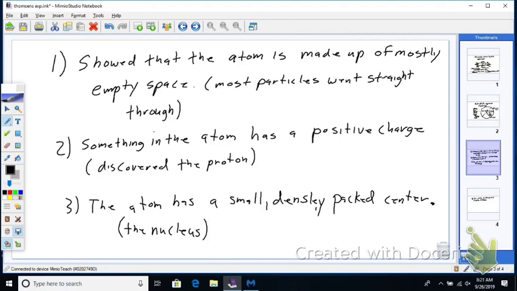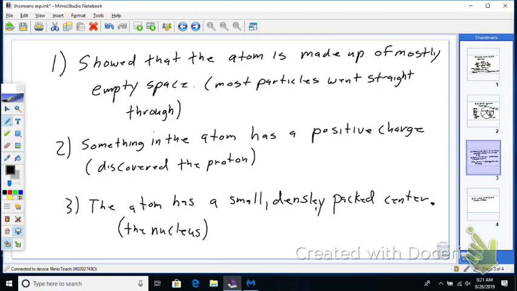Repel. Okay? And that's the same with the nucleus. The nucleus is made up of protons, and other atoms' nucleus is made of protons, so they're not going to be able to get close together either. They're going to repel. Something in the atom has a positive charge. Well, we kind of know why that is because we have deflection.